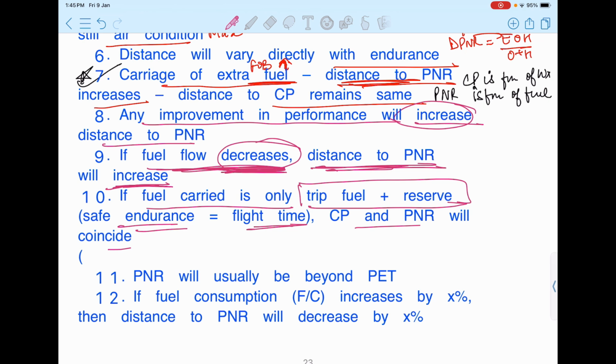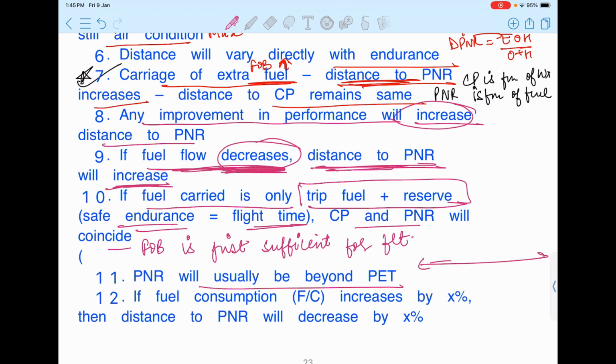CP and PNR will coincide, which means that the fuel on board is just sufficient for the flight. PNR will usually be beyond PET, like we did in the diagram. Here lies your CP or PET. And as PNR is the maximum distance, it will lie beyond the CP or PET.